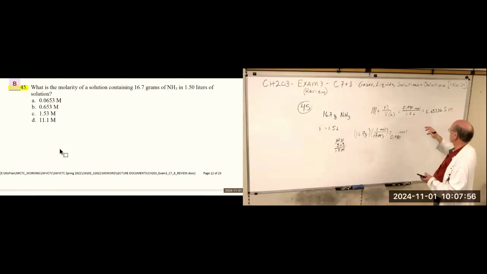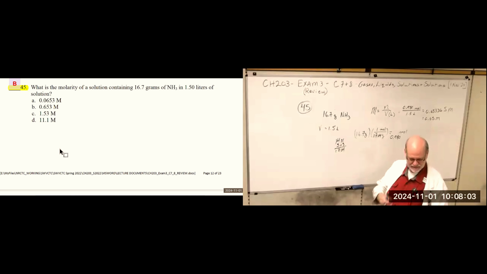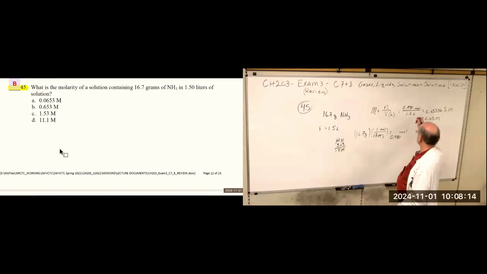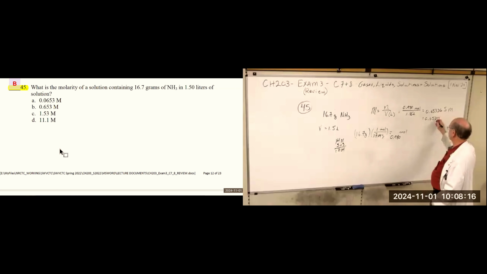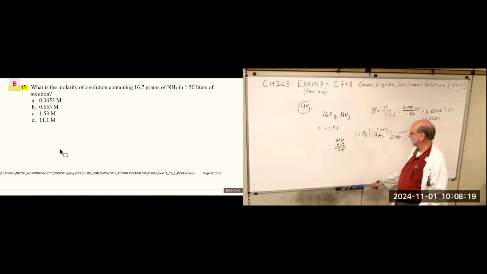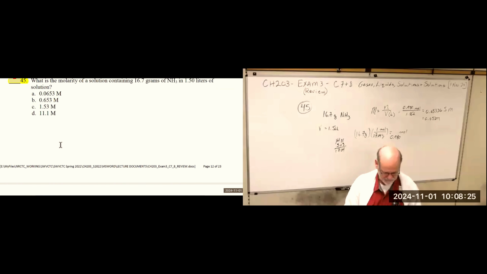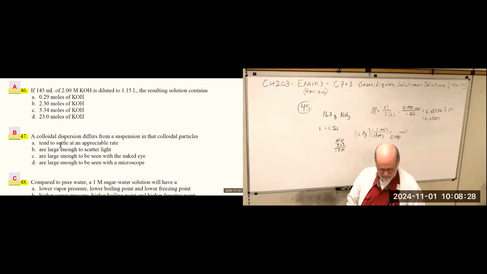But we've only got two significant figures, so 0.65 molar. And the best answer is 0.653. But where did I mess up? Oh, there's a zero there. Okay. There we go. My fault. All right.